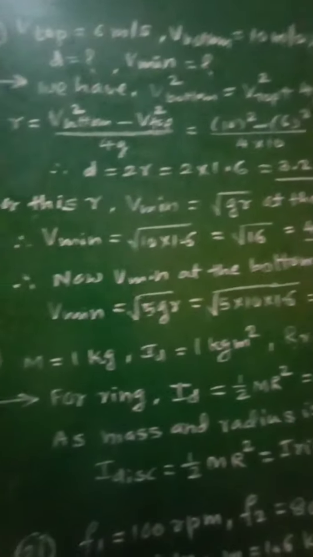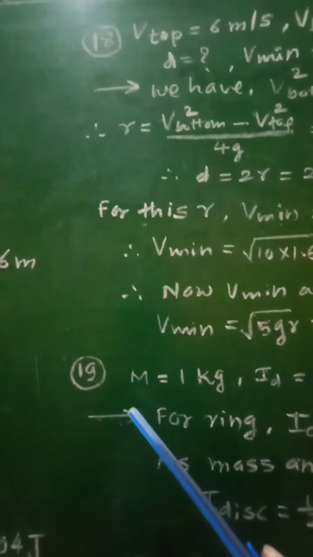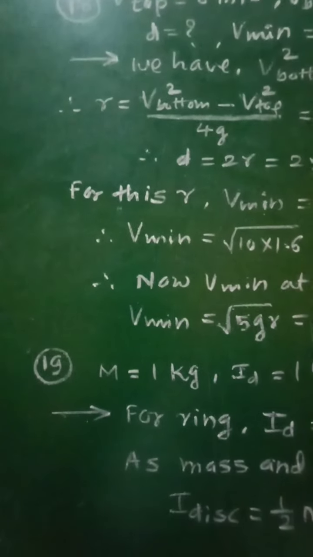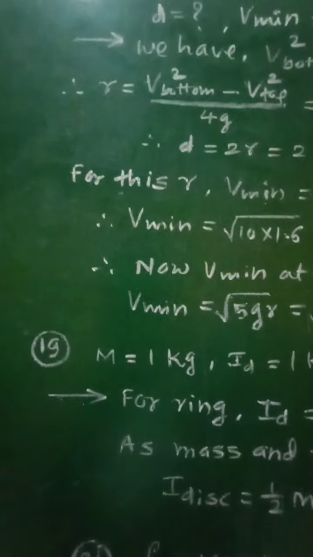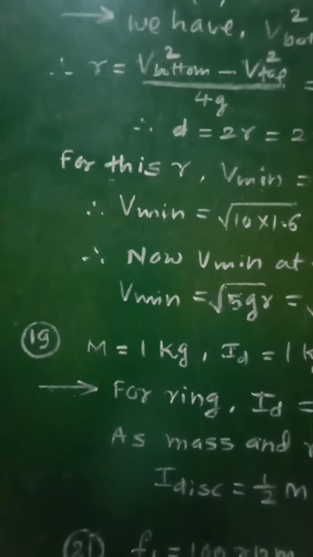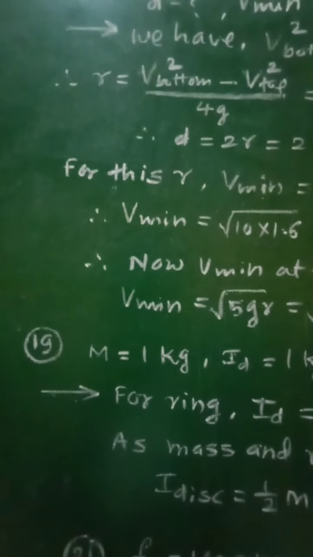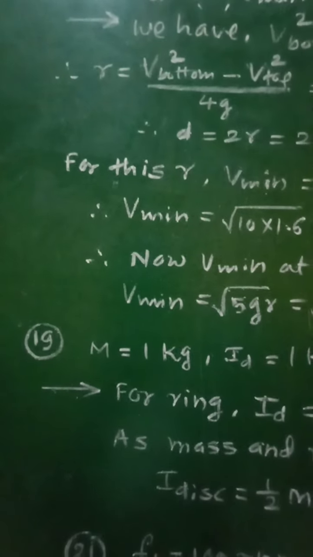Then let us go for the next numerical, that is numerical number 19. Numerical 19 is given as: a metallic ring of mass 1 kg has moment of inertia 1 kilogram meter square when rotating about one of its diameters.